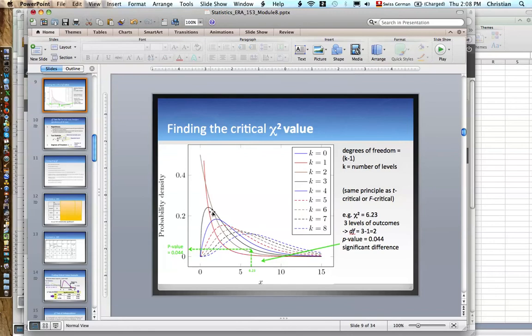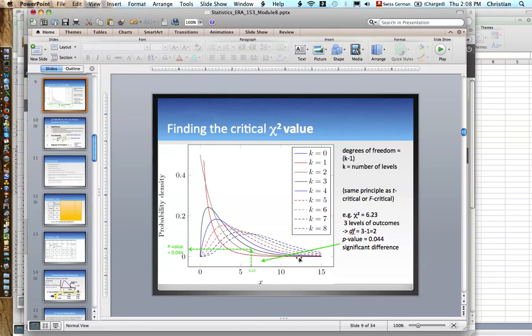As the chi-square goes up, this measure for the difference between observed and expected becomes bigger and bigger, and the probability of this happening when there actually is no difference between observed and expected goes close to 0, right?